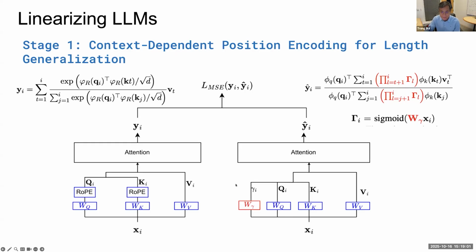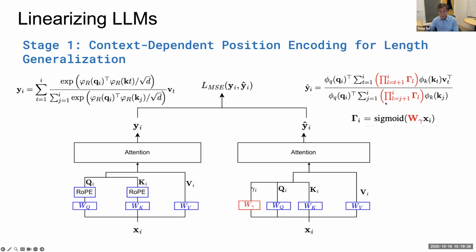What we propose here is to use a RoPE-free gated linear attention, and in the part highlighted in red, we also inject a sigmoid function, which is a learnable gate factor.